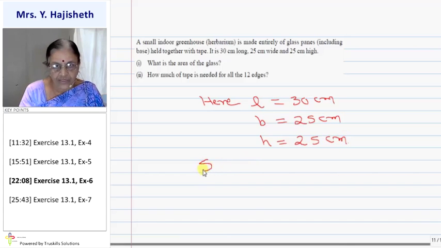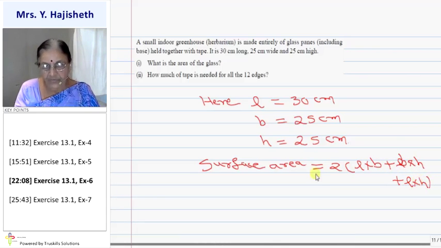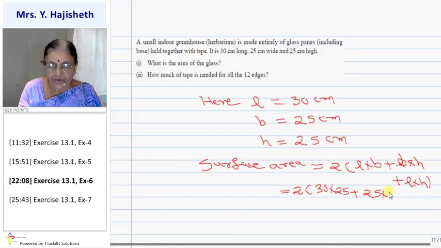So first find out the total surface area. Total surface area is equal to 2 times L into B plus B into H plus L into H. Okay, you know the formula. Put the value. It is 2 times 30 into 25 plus 25 into 25 plus 30 into 25.